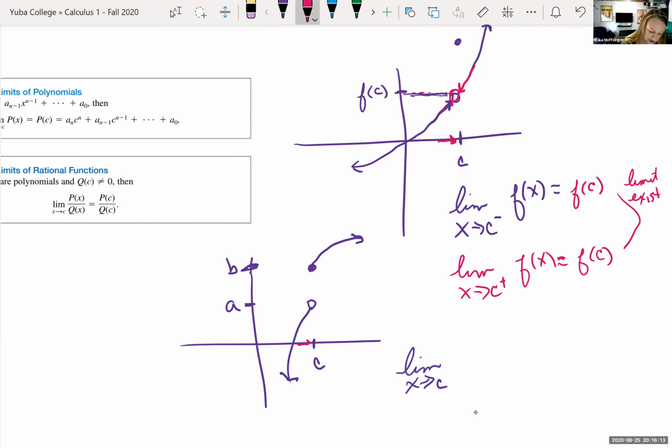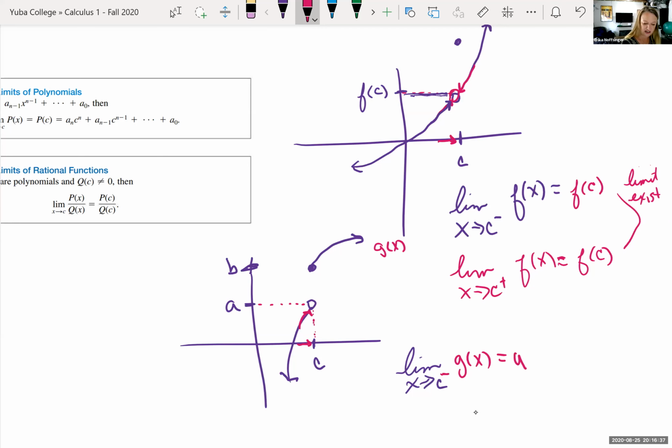So go up to your graph, look at the left, which piece is on the left of it, which is this piece. And as you're getting closer and closer to this x value of c, that y value you're getting, even though it's an open circle there, and we're on the left, let's call this g of x. The limit of g of x is equal to a.